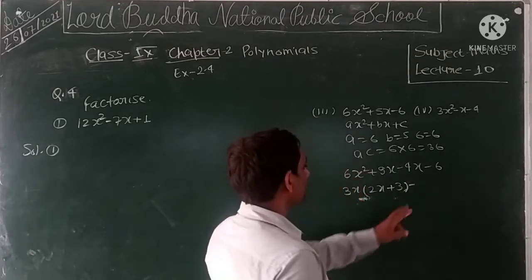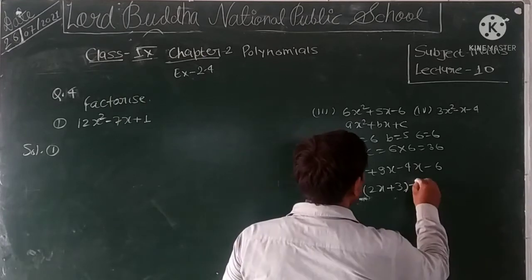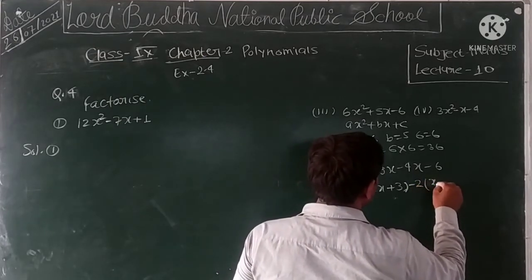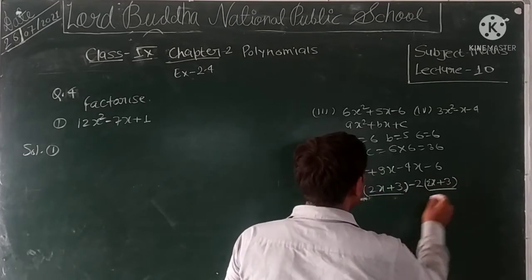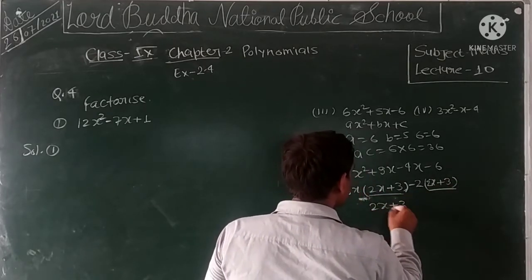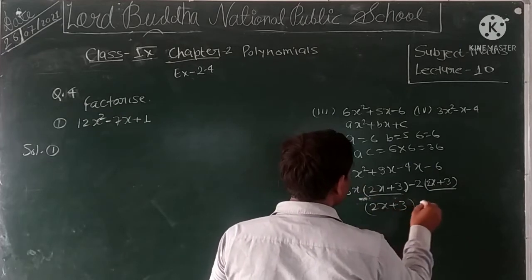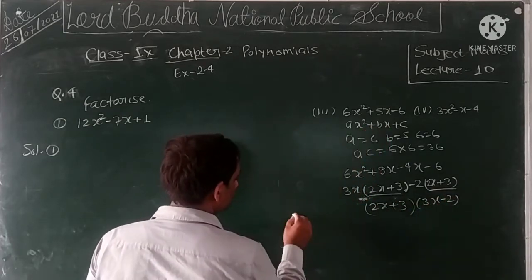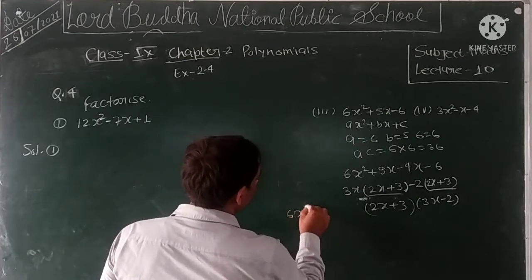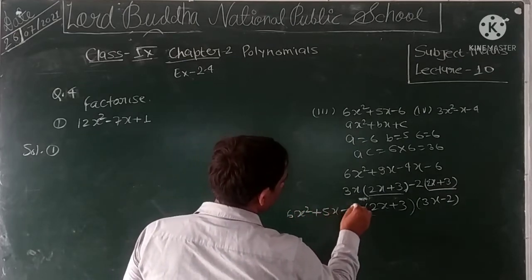Okay? Now, 2 into 2, 2 into 3, we take 2 common. 2x plus 3 is common. Hence, we write 2x plus 3. Here remains 3x and here remains minus 2. This is the factor of 6x square plus 5x minus 6.